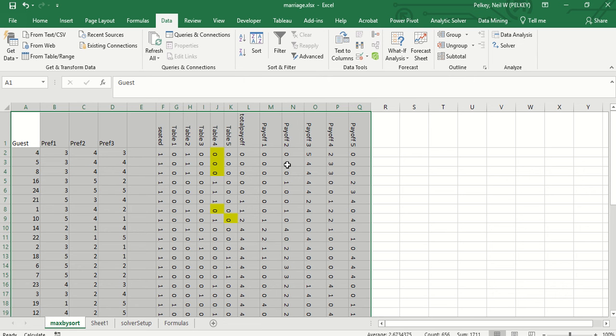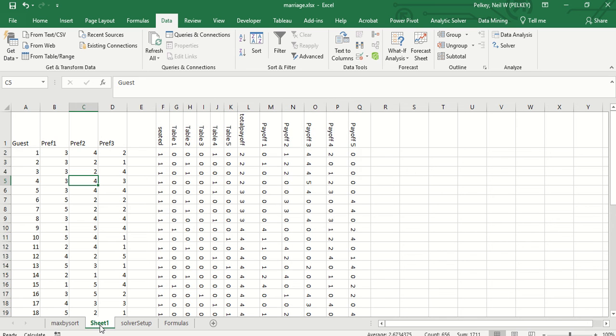Ooh, so we put a bunch in table 2 that weren't so happy about being in table 2. But after that, we end up with 1, 2, 3, 4, 5, 6, 7, 8 that did not get their first choice just by using the sorting into first. And if we go to the Solver sheet, we also ended up with 8 that didn't get their first choice.